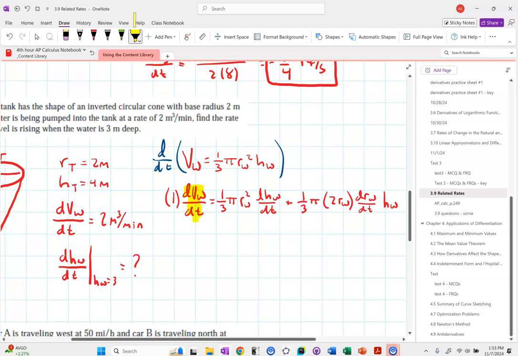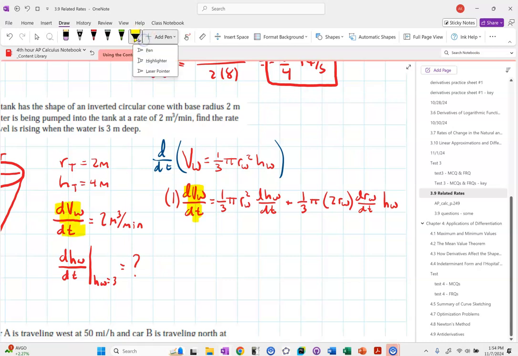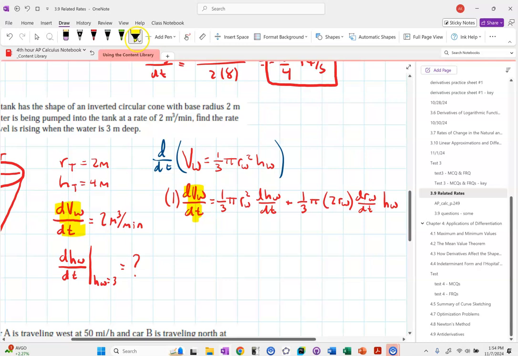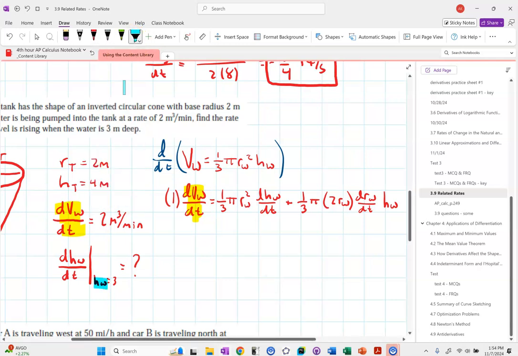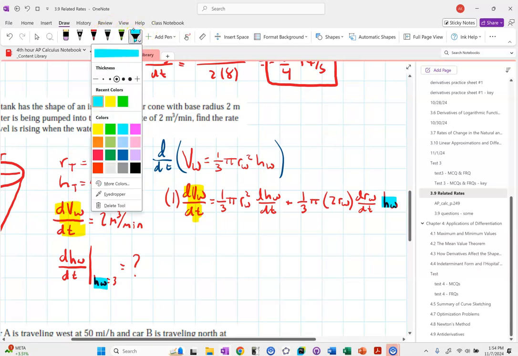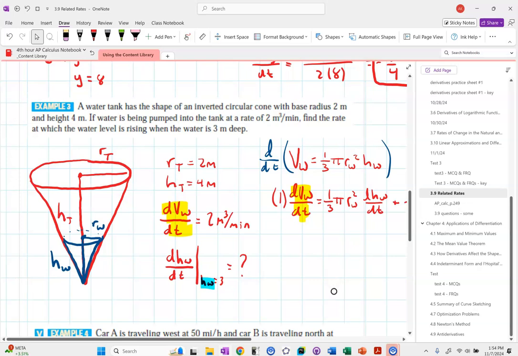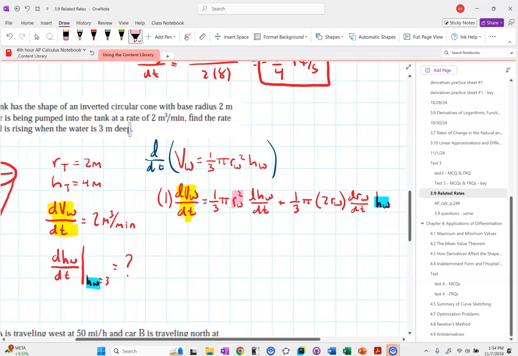So we have this. But what don't we have any information about? Yeah. We don't know RW.